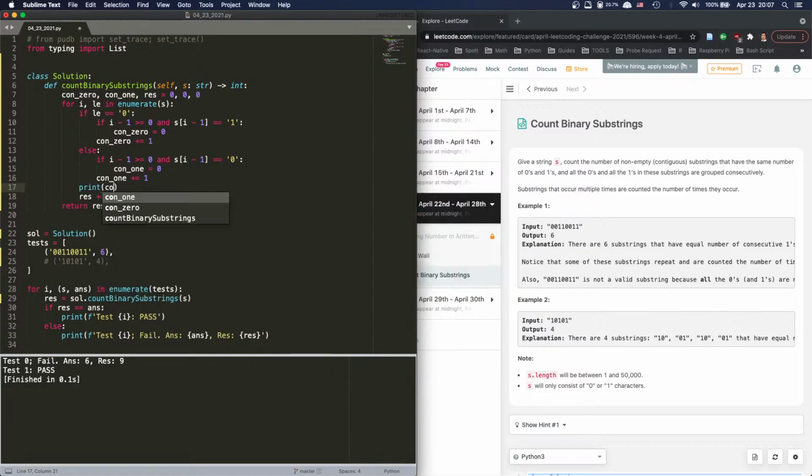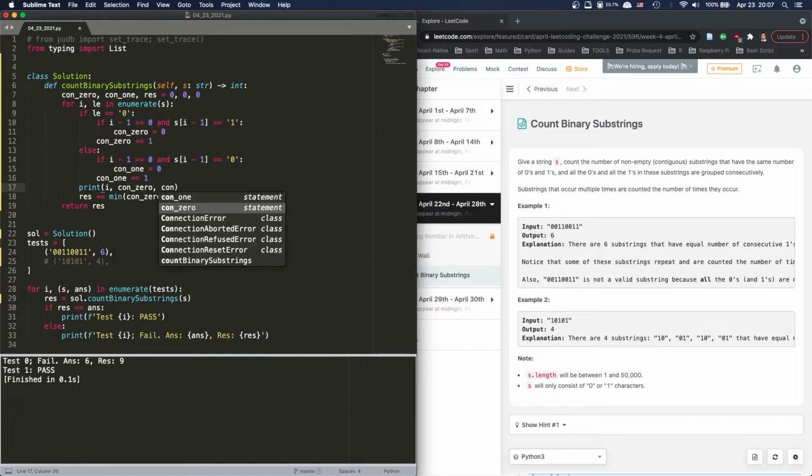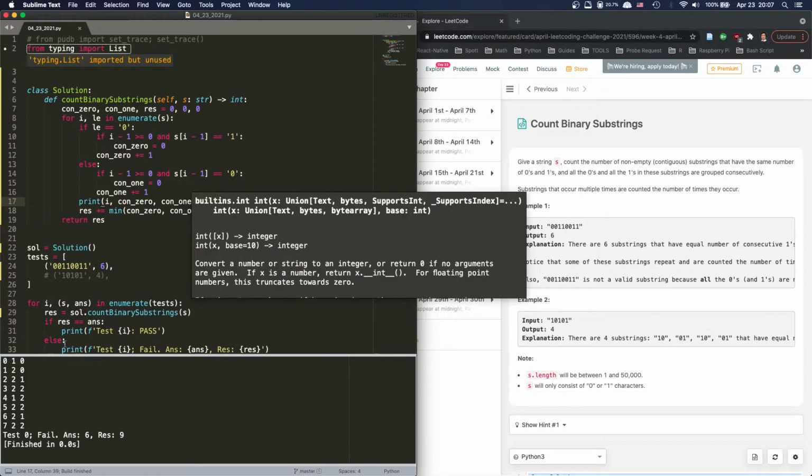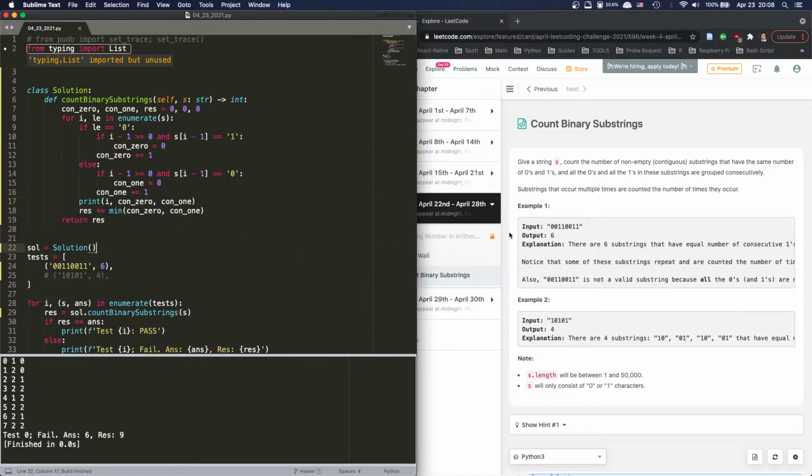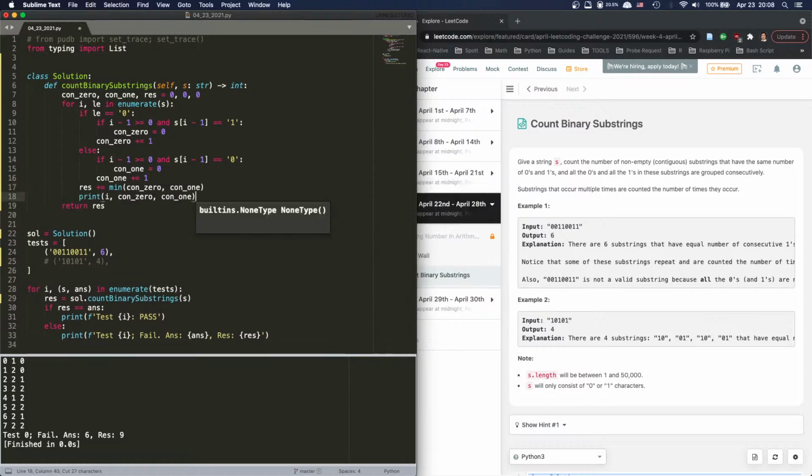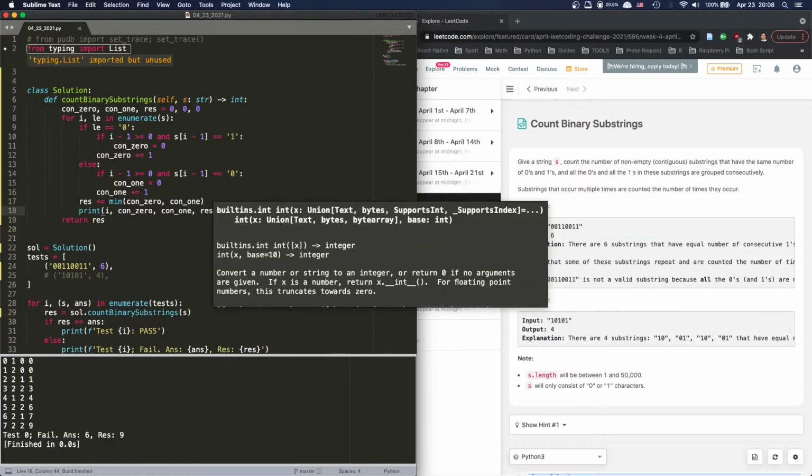Let's just print i, because I want to know where they are, and consecutive 0 and consecutive 1. All right, so consecutive 0 is 1. Actually, let's print result as well, so we have an idea of how everything's going.